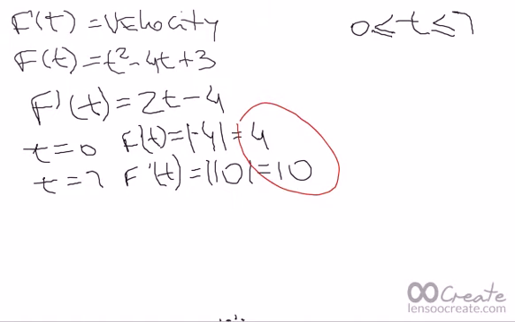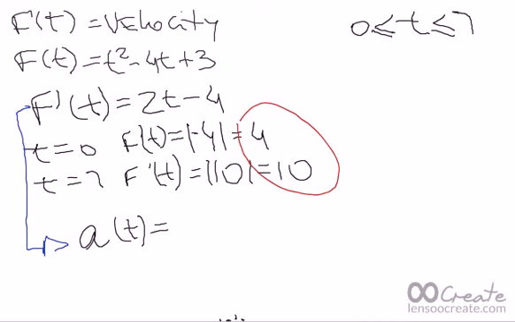Now we need to find the acceleration, and we know that the acceleration is going to be the derivative of the velocity. So we're going to take the velocity from here and take the derivative of this one. We're going to call this acceleration of t.